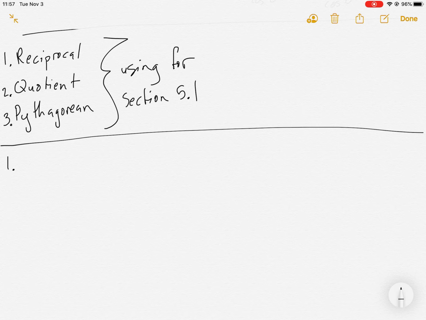Okay, so the first example, there's going to be three examples in this one, but the instructions will be the same. It's going to say simplify the trig expression.